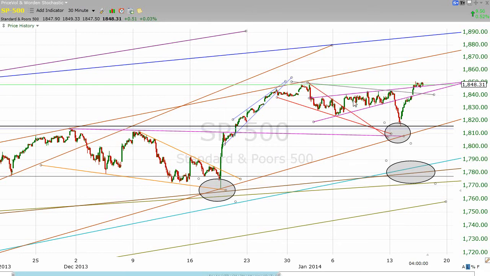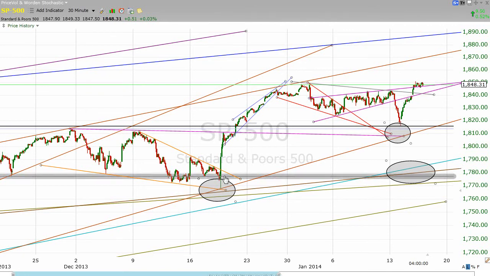So this is kind of the odd man out right here in some ways, because even though we did get back to that 1822-23 level in that dip we had there on the 13th, it's interesting to note that it looks like we didn't really form anything after this wedge.